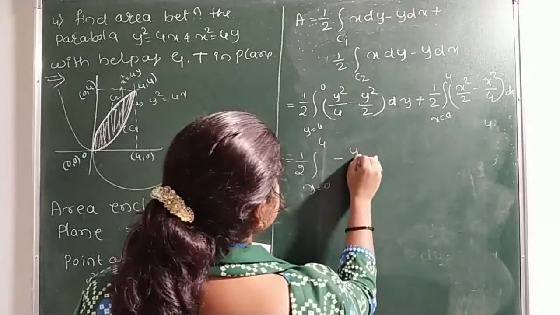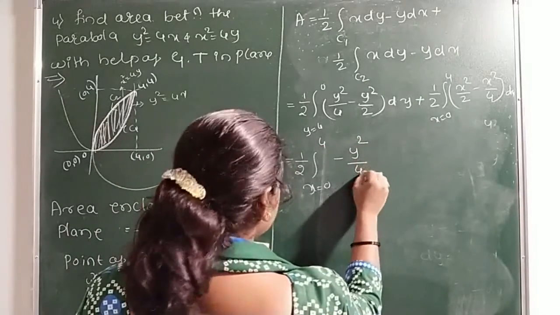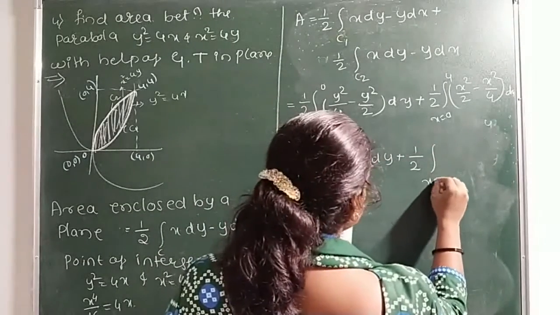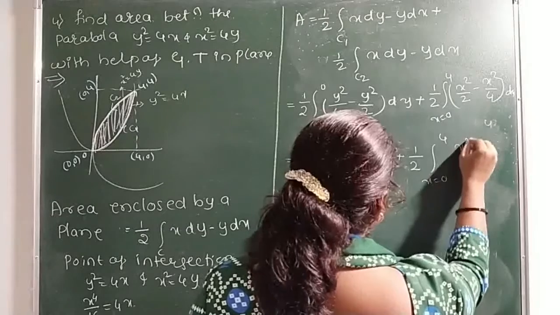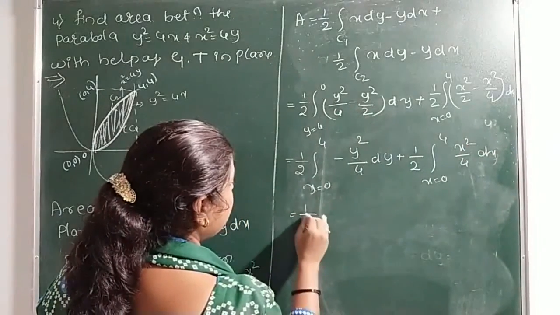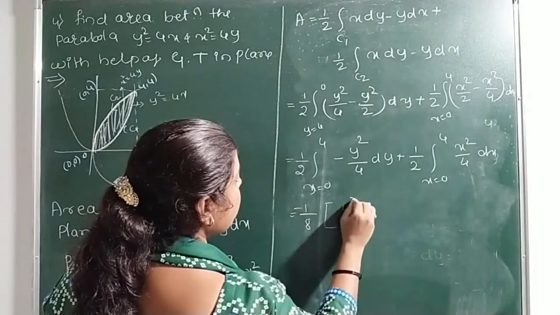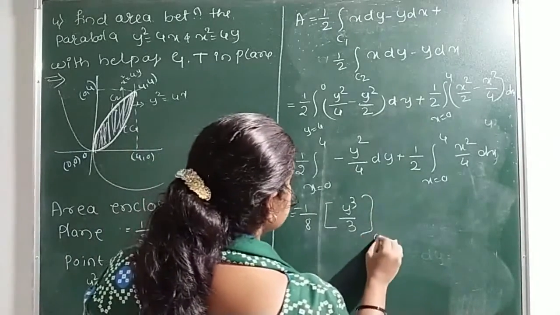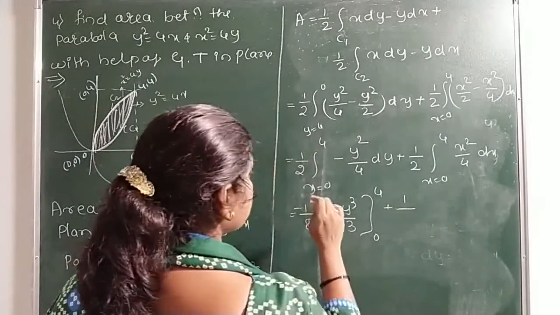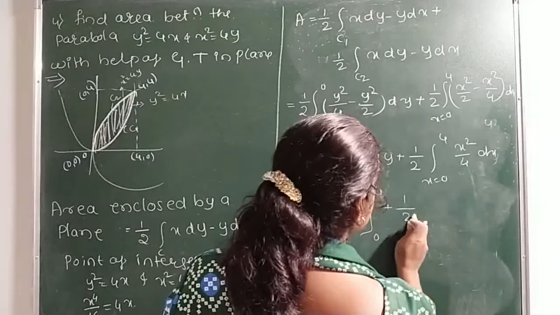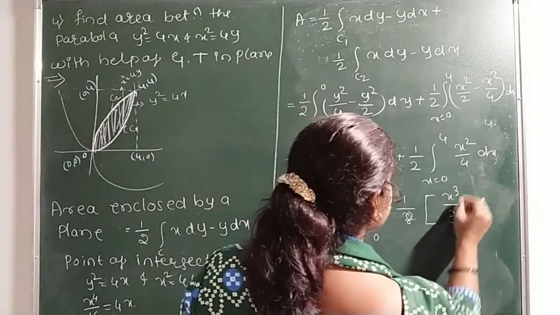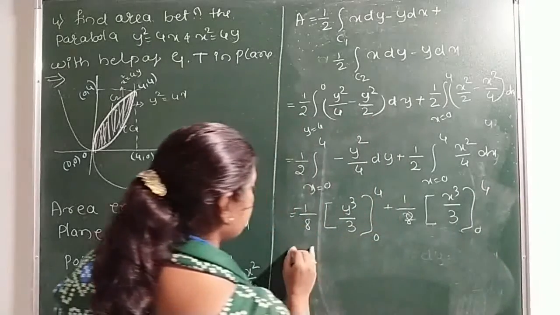It becomes minus y square by 4 dy plus 1 by 2 integral of x from 0 to 4 of x square by 4 dx. Now this becomes 1 by 8 times minus y cube divided by 3 from 0 to 4, plus 1 by 2 times 1 by 8, and this becomes x cube by 3 from 0 to 4.